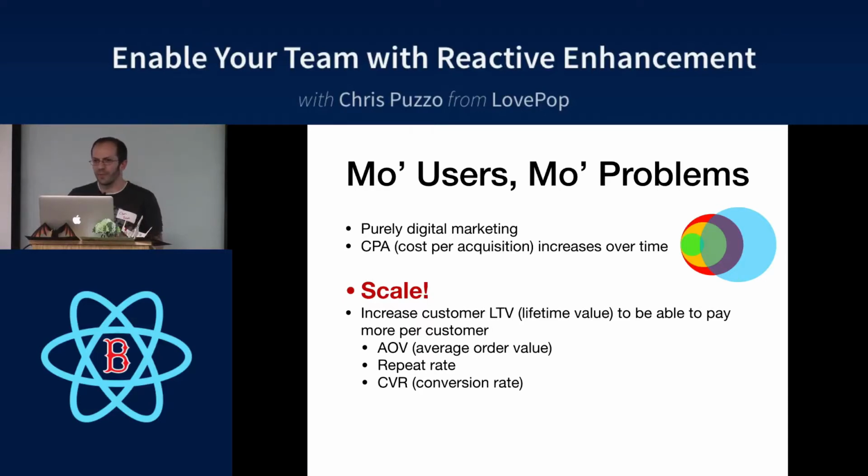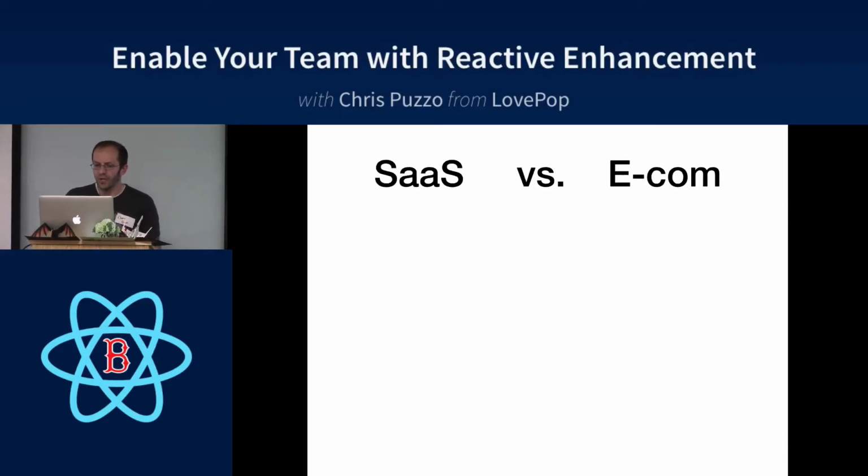The three primary drivers for that are average order value, general repeat rate, so make them buy more stuff on each visit, make them visit more often, and generally conversion rate. So for every $1 we spend to get someone on the site, increasing the likelihood that they actually do buy something, right?